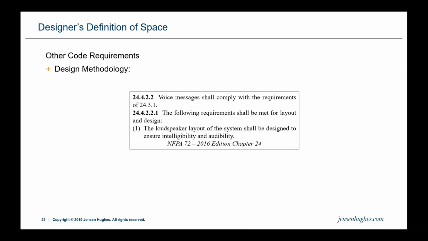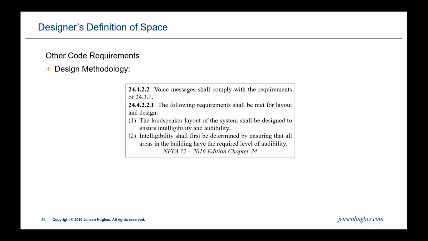Now, if we stopped right here, we could run off, design the system, we'd all be happy, right? But notice that this is talking about the layout of the system. It's not talking about each and every acoustically distinguishable space in and of itself. And the code has an important first step, and it's found in the very next requirement.